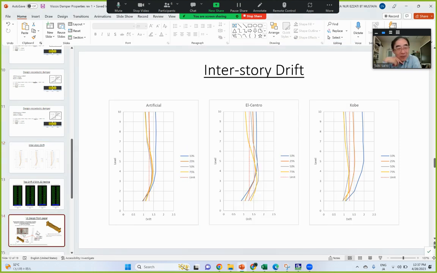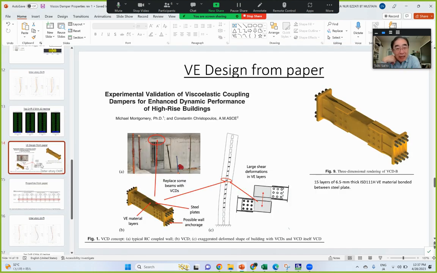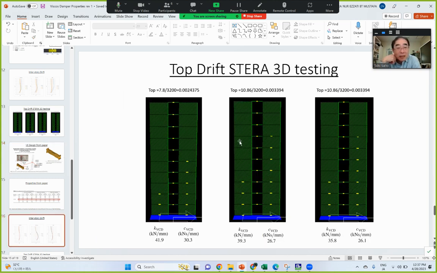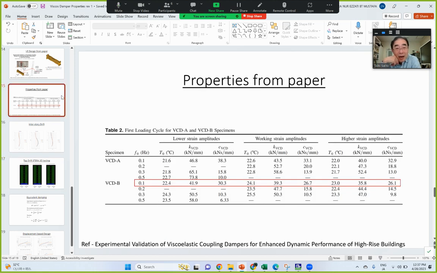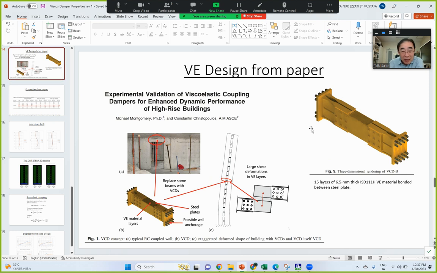And then I also found one paper that I sent to you about experimental validation of a viscoelastic coupling damper. Could you show me the picture of the damper? This one. Okay, they have two dampers.